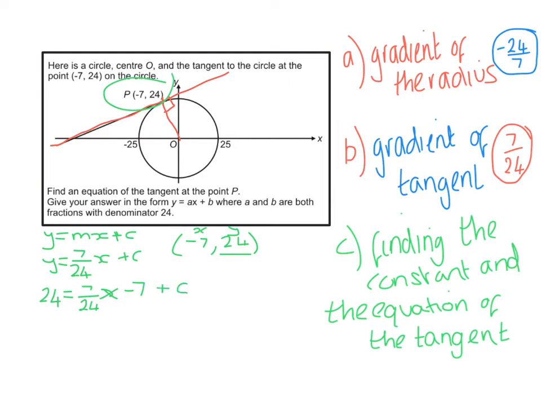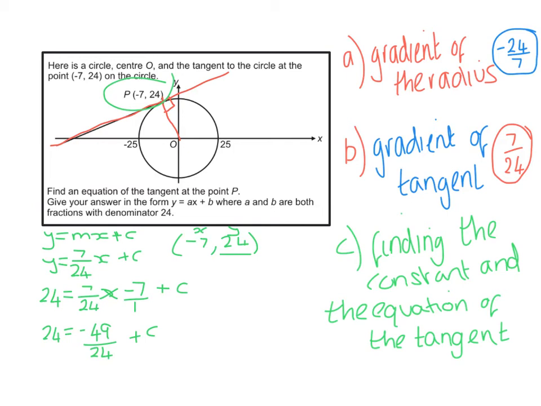plus c. So let's do some working out. I've got 24, I'm going to put an imaginary 1 there because then we know how to times fractions. So 7 times minus 7 is minus 49 over 24 plus c. I want to work out what c is, so I need to get those numbers on one side.